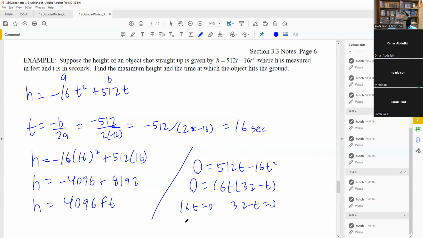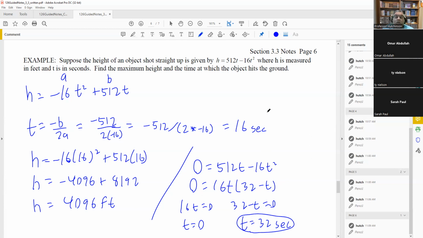For the first one, if you divide by 16, you'll get 0. For this one, if you add t to the other side, you'll get t equals 32 seconds. Of course, it's on the ground initially, but you want to find out when it lands on the ground later after the flight has occurred. So 32 seconds is going to be your answer there.